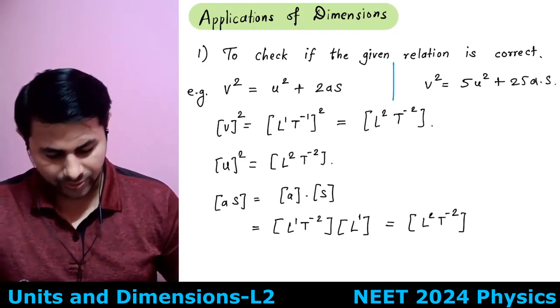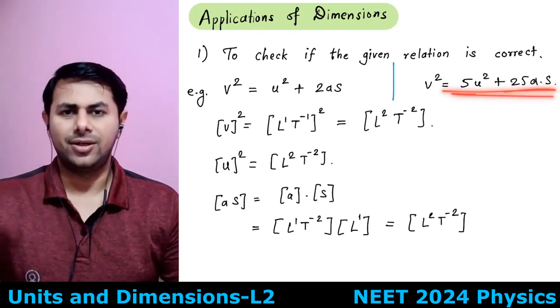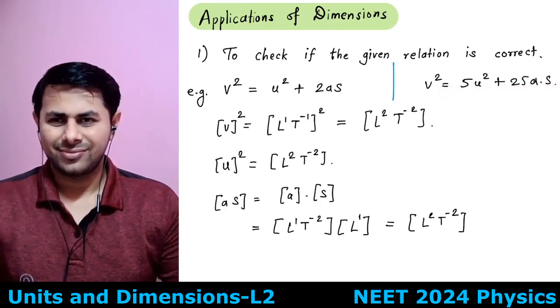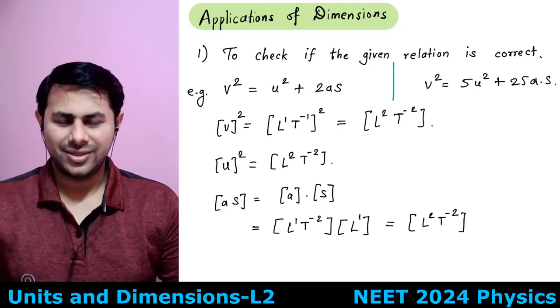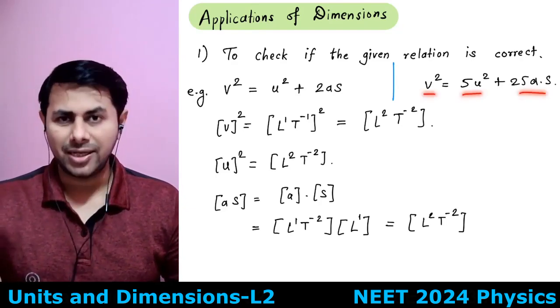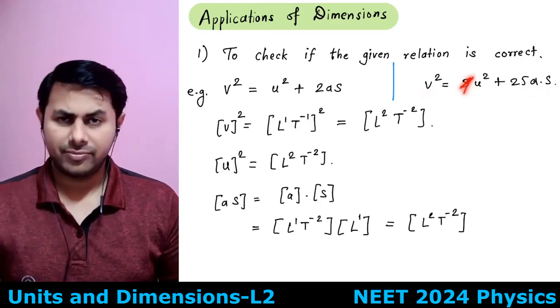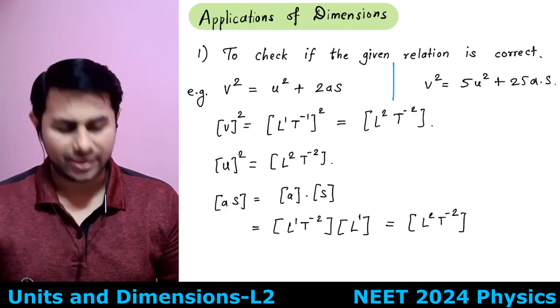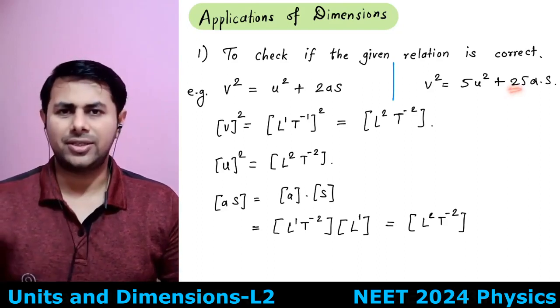Now if you find the dimensions of this equation, it is also dimensionally correct. The dimensions of these three terms will match because 5 doesn't have dimensions, it is just a multiplicative factor, and this 25 also doesn't have any dimensions.